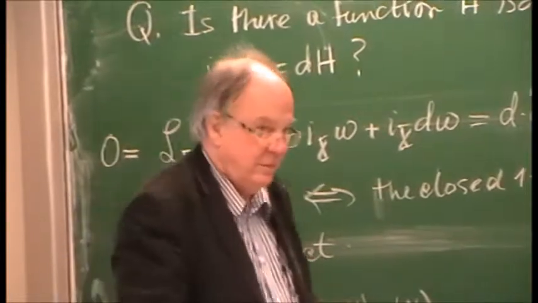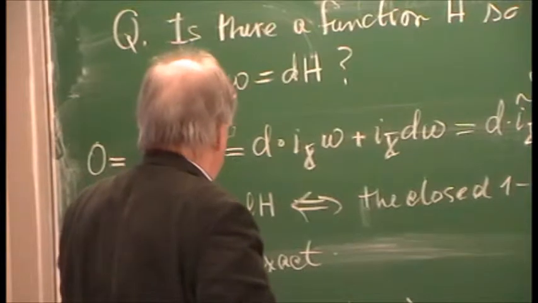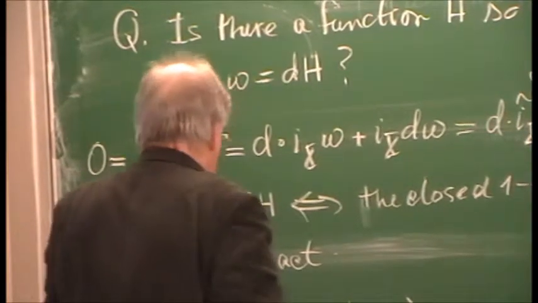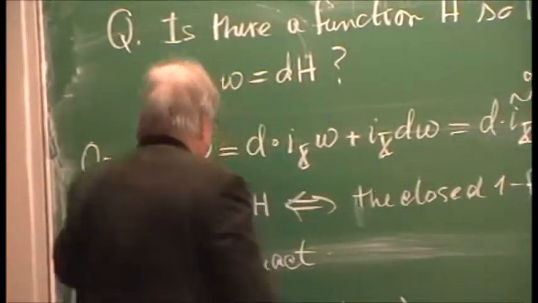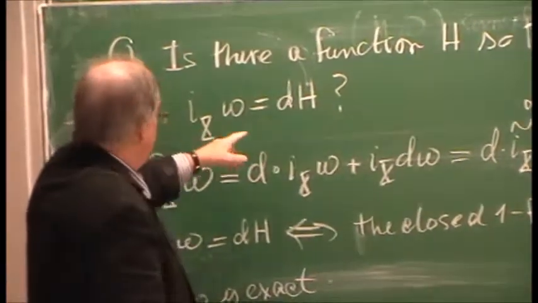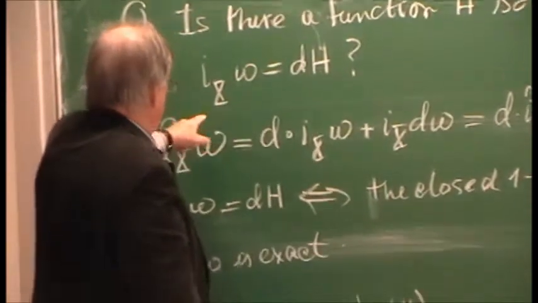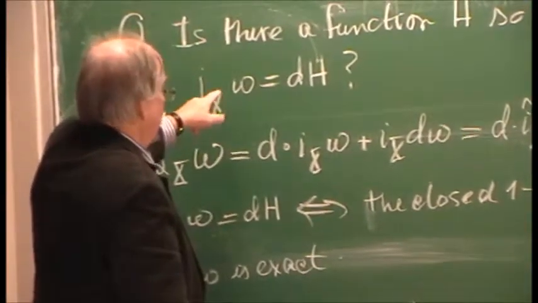Did you finish the proof of whether there is a function h such that the contraction of omega is equal to dh? Yeah, I think so. Let's see here. I think you only made a sequence of equivalent conditions.